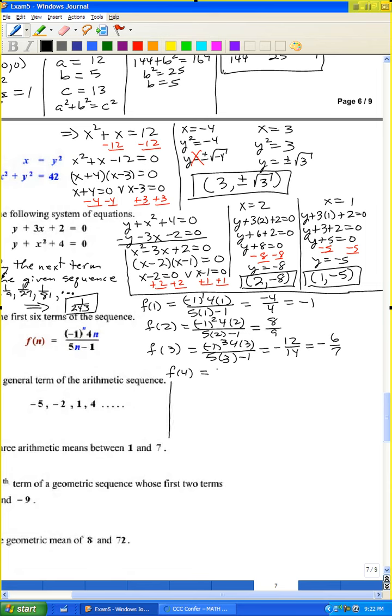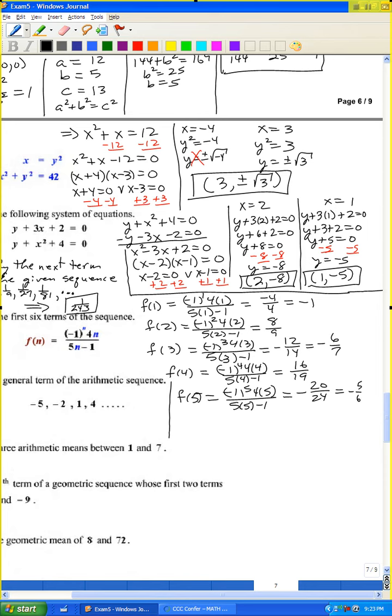And so this is equal to -1 to the 4th, 4 times 4 over 5 times 4 minus 1, which is a positive 16 over 19. f of 5, -1 to the 5th, 4 times 5 over 5 times 5 minus 1 is a negative 20 over 24. I can divide everything by 4, and so -5 over 6.